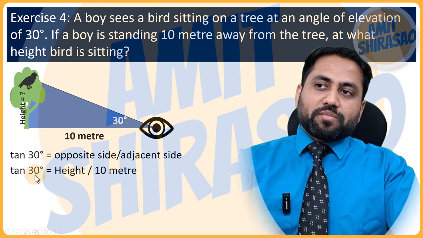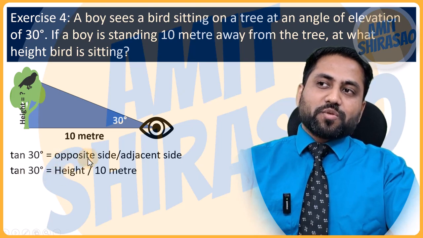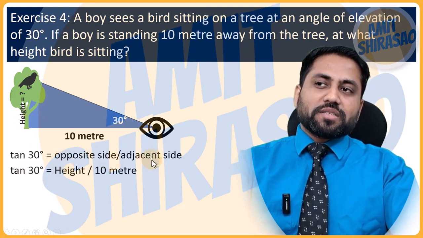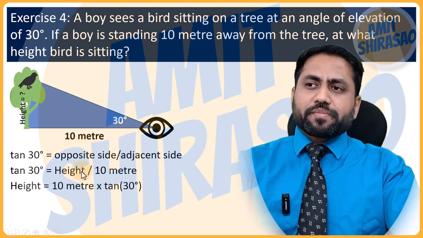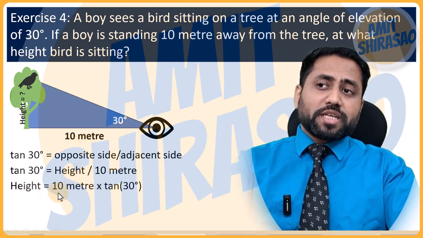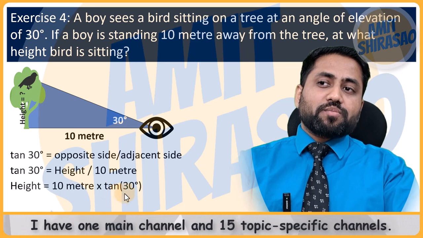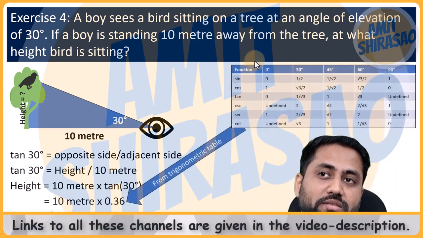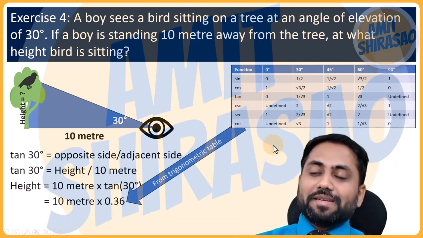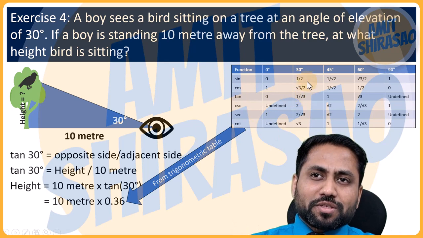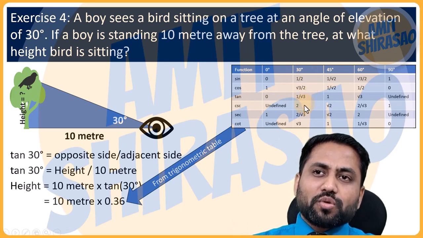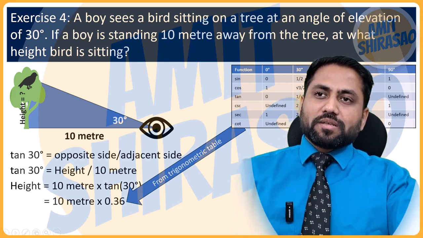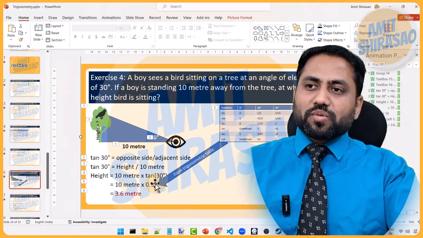So I'm using this formula. Instead of the opposite side, I'm writing height. Instead of the adjacent side, I'm writing 10 meters. So height is equal to 10 meters multiplied by tan 30 degrees. Now what is tan 30 degrees? There is this trigonometric table that I have already drawn. Tan of 30 degrees is 1 divided by root 3. Oh, the value given here is wrong.